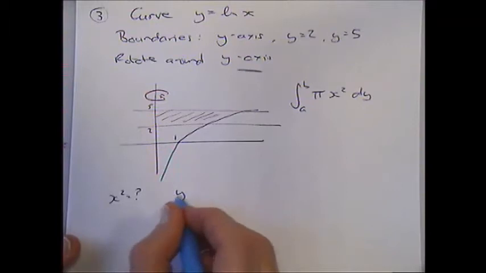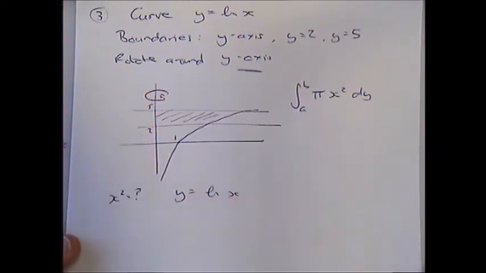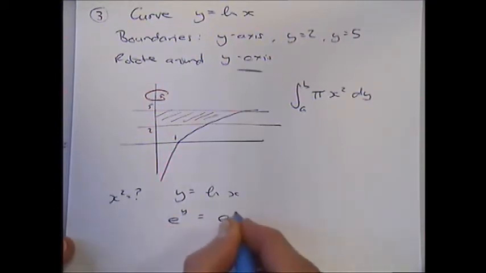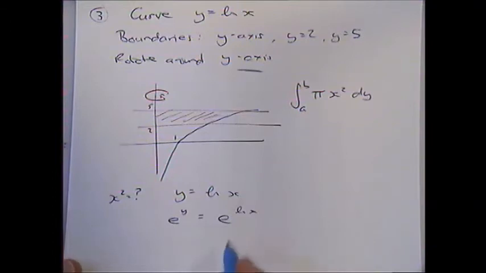We've got y equals log of x. What am I going to have to do to that to find out what x is and then x squared? E. Yeah, e to both sides effectively. So e to the y, e to the log of x. The whole point of this is e to the log of x is just x. So this is what x equals.